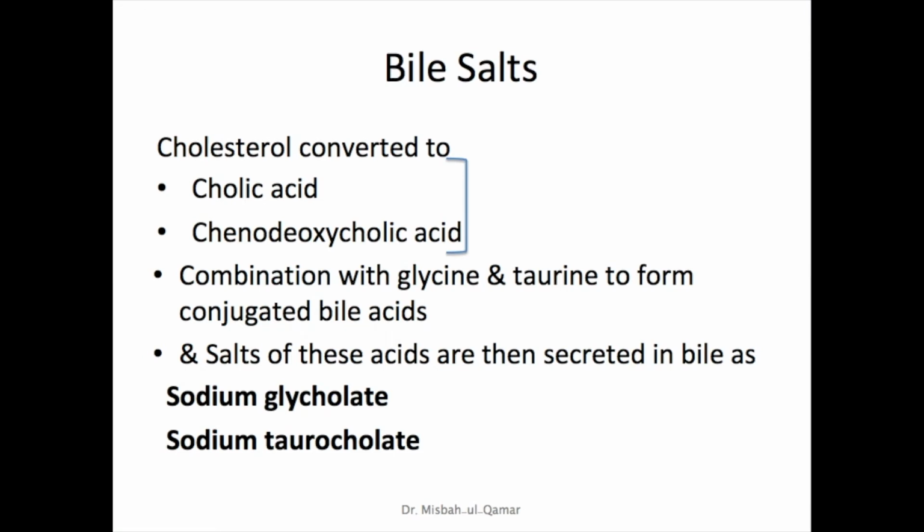And then these acids combine with glycine and taurine to form conjugated bile acids. And salts of these acids are then excreted in bile as sodium glycocholate and sodium taurocholate.